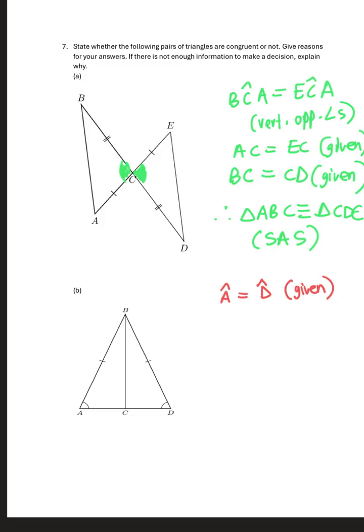That angle AB is equals to angle BD is also given, right? And then the other thing that is given is that BC is equals to BC. This is a common side.